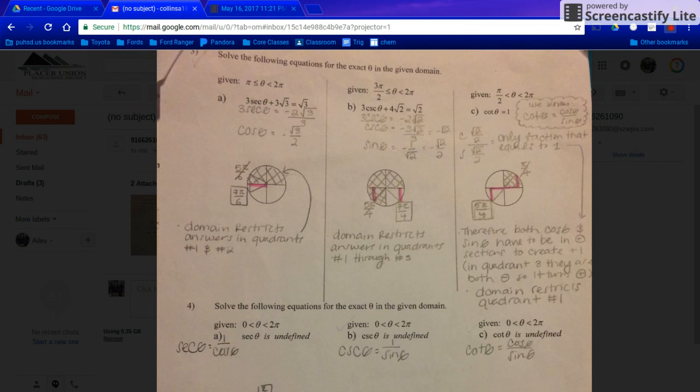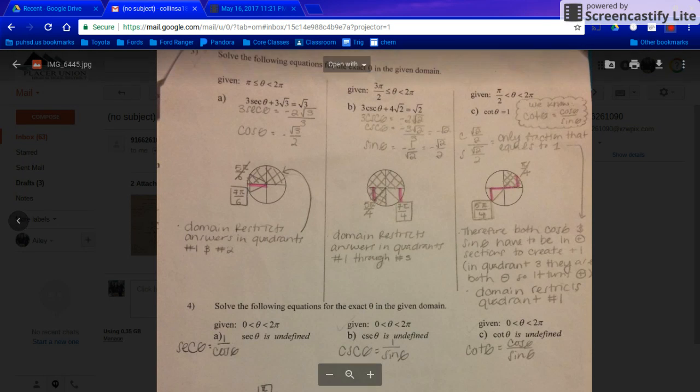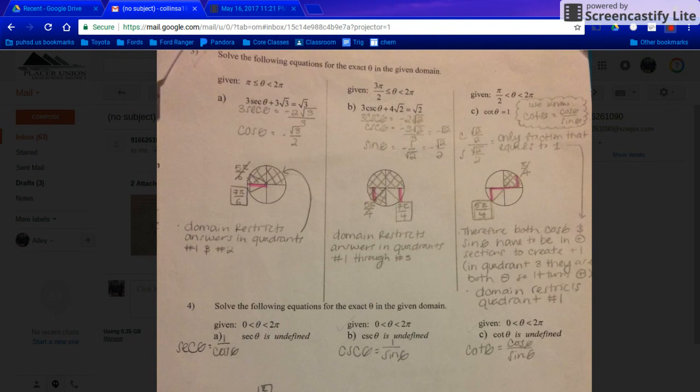Cosine over 1. And so cosine theta is equal to negative root 3 over 2. And so you go down to the unit circle and you find where on the horizontal line cosine is equal to negative root 3 over 2, which happens to be 5 pi over 6 and 7 pi over 6. But the domain restricts any answers in quadrants number 1 and number 2, so the only answer is 7 pi over 6.